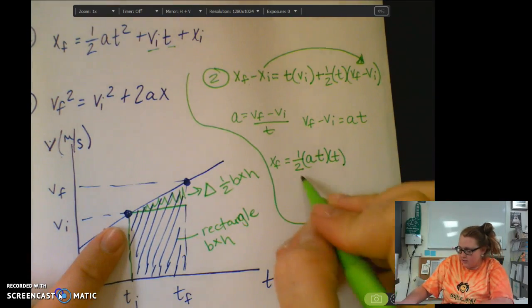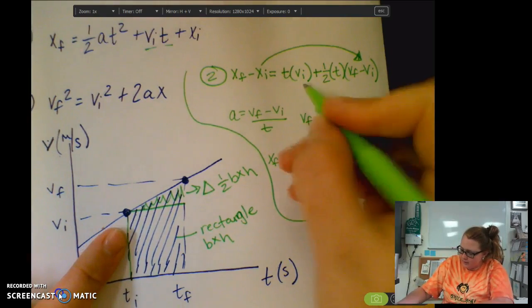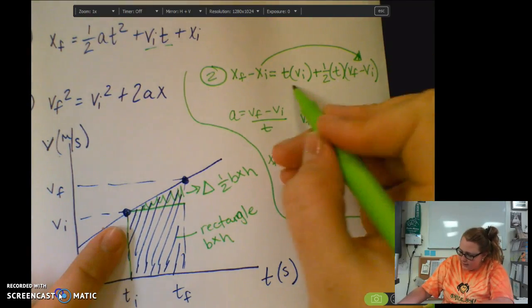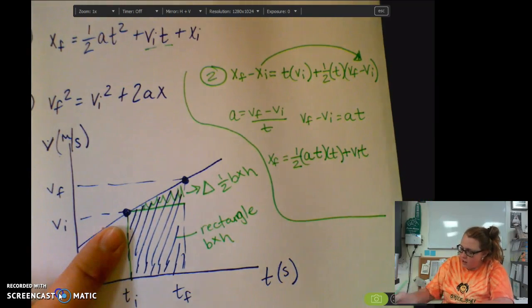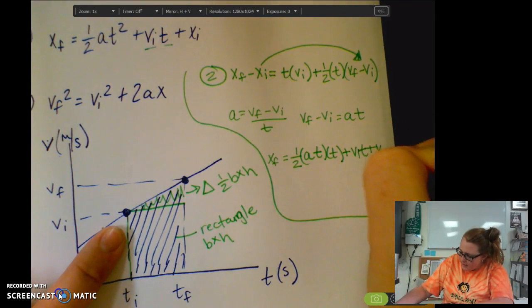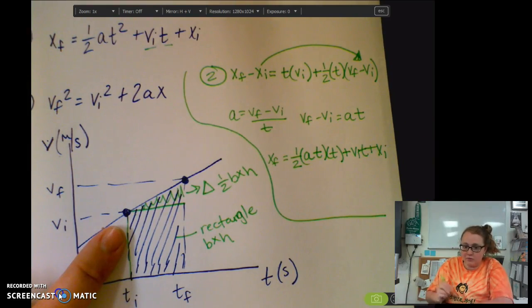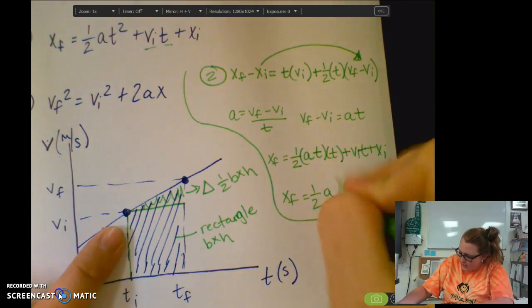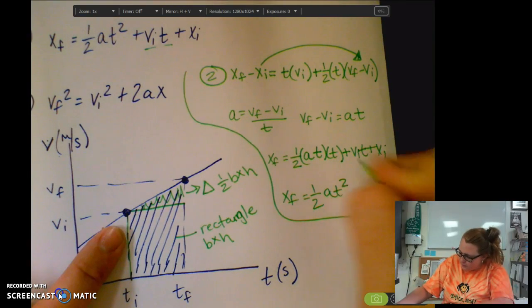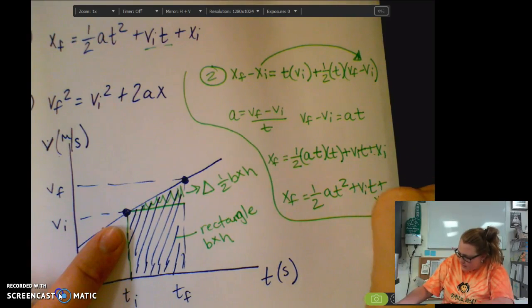So now you should see there's the 1/2 at squared, plus here I have vi times time, plus xi. From there, guys, we've done it. xf equals 1/2 a, t times t is t squared, plus vit plus xi.